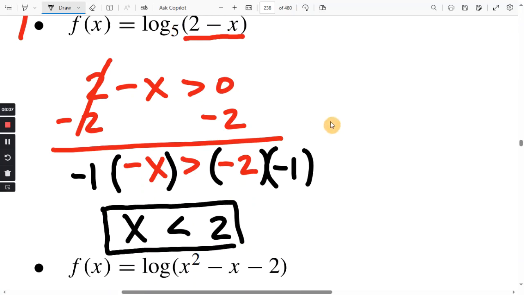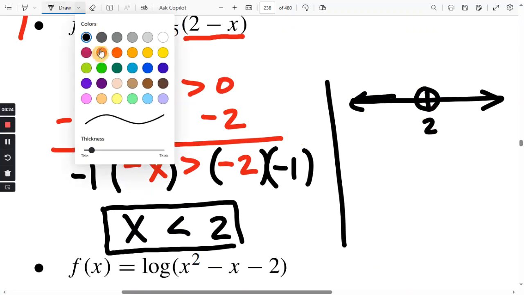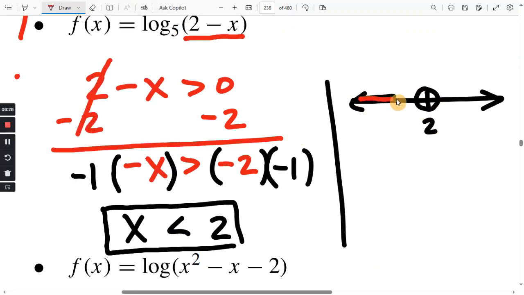All right, in interval notation, if x is less than 2, let's say you have a 2 here, and it does not have the equal sign, so it does not include the 2, and it's everything less than 2. So I'll shade it in a different color here. So everything to the left of 2 runs to negative infinity.